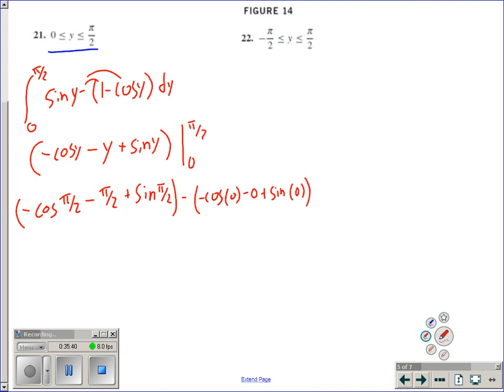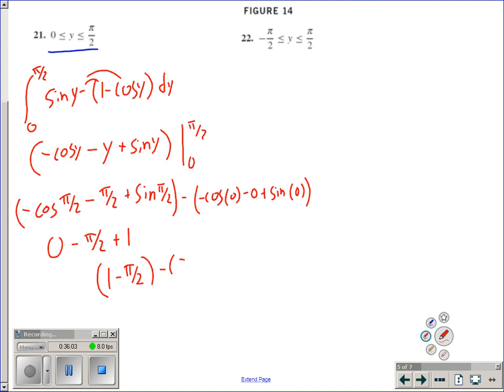Okay. We'll just simplify down each piece. The cosine of pi over 2 is 0 minus pi over 2 plus the sine of pi over 2 is 1. So I got 1 minus pi over 2 minus, and then, let's see, what's the cosine of 0?